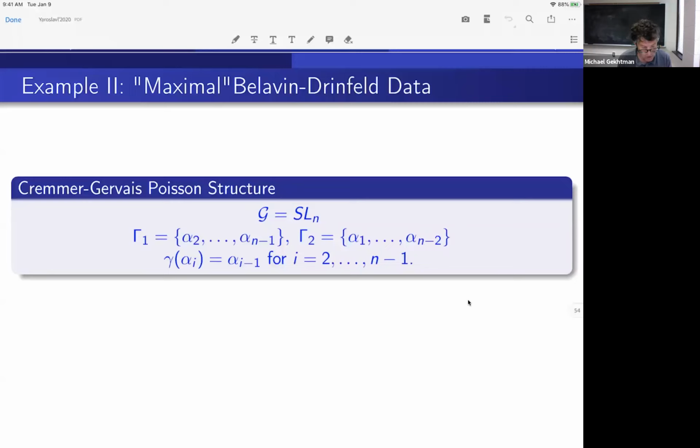And the map between them, which I now denote by gamma, is just a shift. So alpha 2 goes to alpha 1, alpha 3 to alpha 2, and so on. You can see that this is nilpotent because if I start, for example, with root alpha n minus 1, by applying gamma, eventually I will get to alpha 1, which is not in my first subset. So the conditions of Belavin-Drinfeld are satisfied.